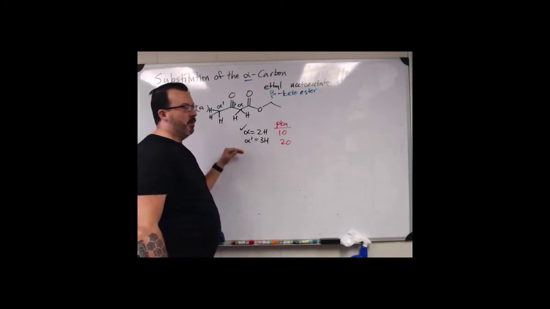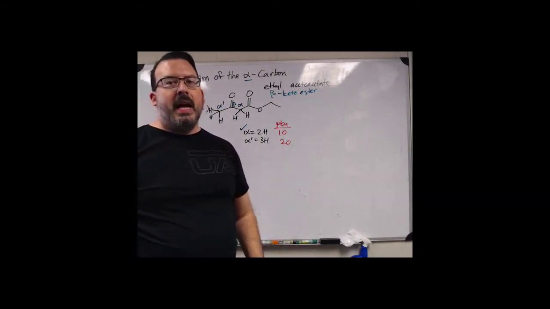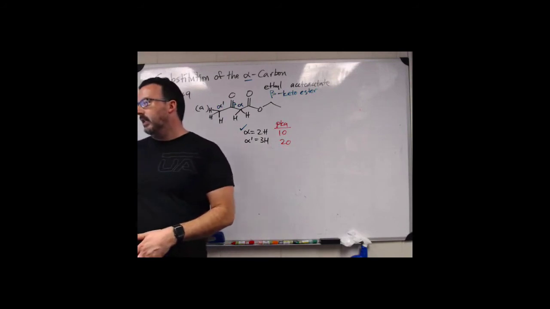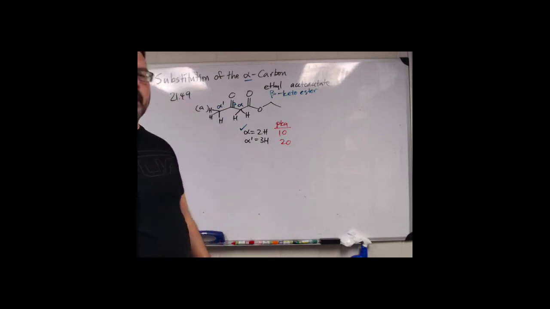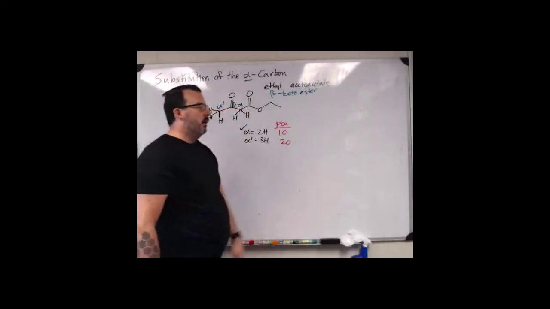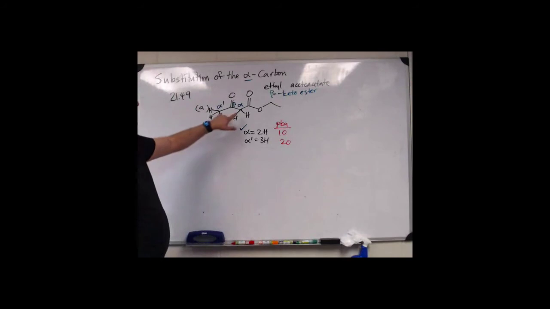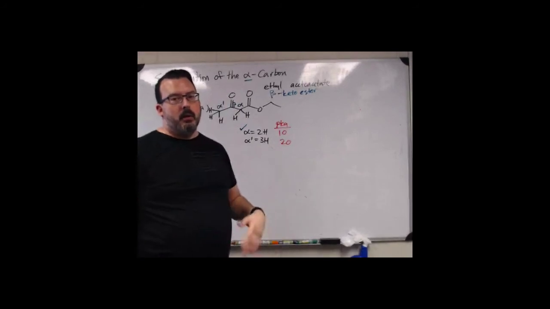Take a couple minutes to do that, and then in your text or your chat function, write how many you came up with. Then we'll circle back and write them all up here, just so you can see that when you have a compound where alpha and alpha prime are not the same, you can get multiple enols or enolates.